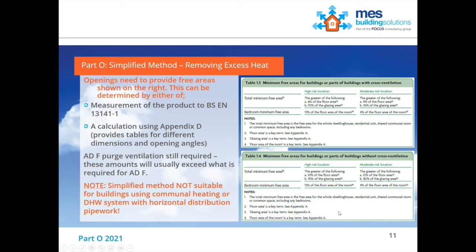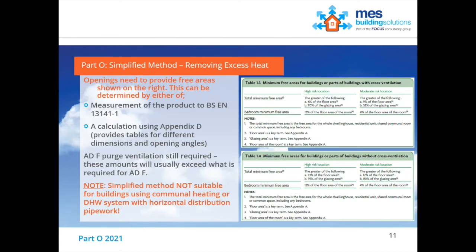So the free area, we can get that from product manufacturers. The window suppliers may well have that data. There are also a series of tables in the back, Appendix D to Approved Document O, which gives you free areas for a range of opening sizes and opening angles.